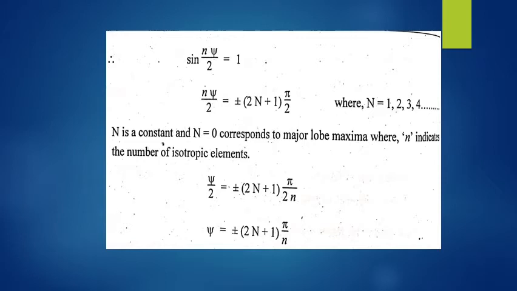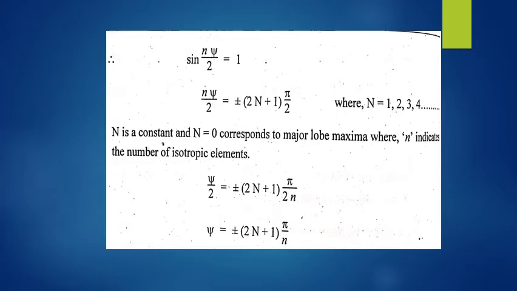So we can write this as plus or minus 2N plus 1 into pi by 2, where N is equal to 1, 2, 3, 4, etc. And N is a constant, and if N is equal to 0, this corresponds to the major lobe maxima. Here capital N indicates the integer constant and small n represents the number of isotropic elements.